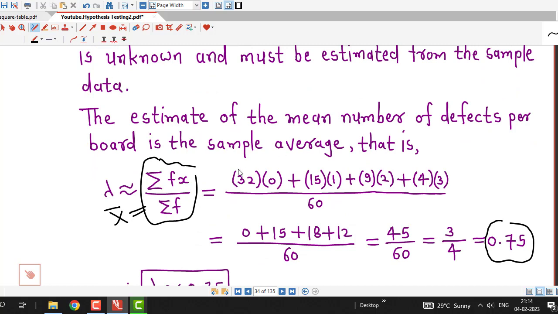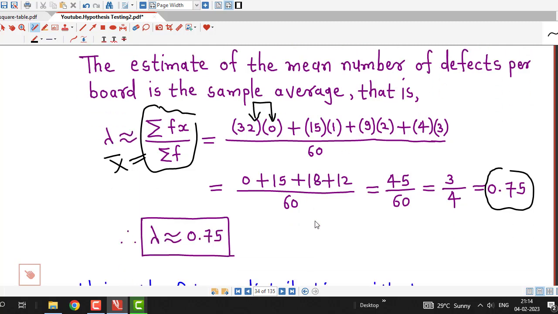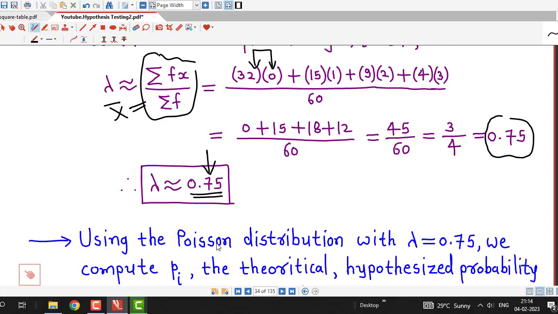I multiplied the corresponding frequencies with the values of categories, and I find that the value of lambda is 0.75. So I have estimated the population parameter lambda using the sample mean, and that turns out to be 0.75.